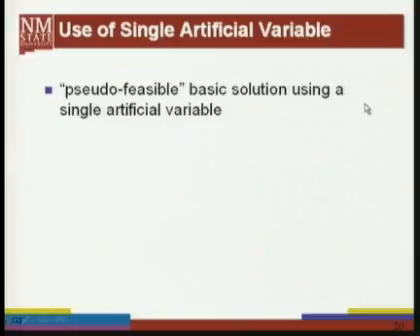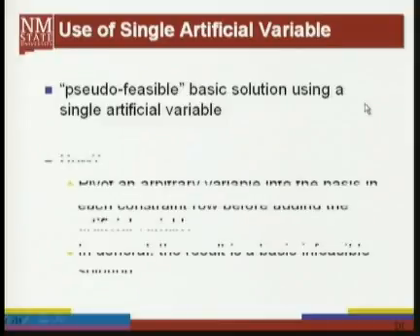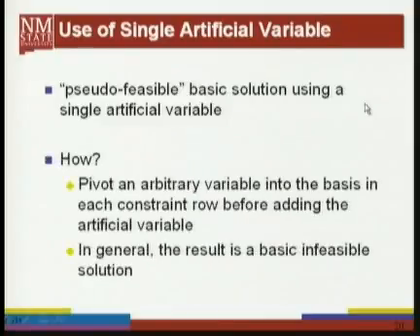So we've learned that it's possible to obtain a pseudo-feasible basic solution using only a single artificial variable, right? In this method, before adding the artificial variable, pivot an arbitrary variable into the basis in each constraint row, that is, the slack or surplus variable for that row, if there is one.